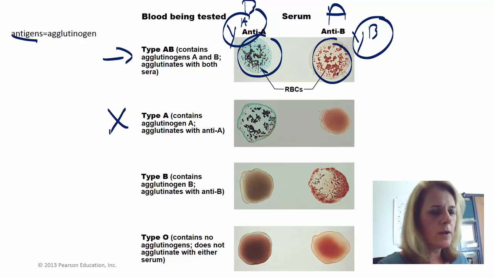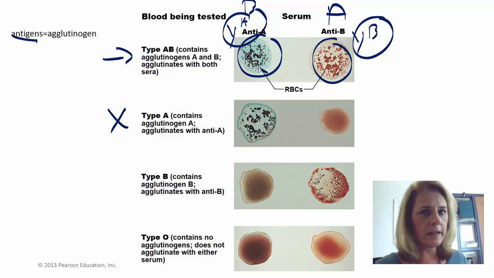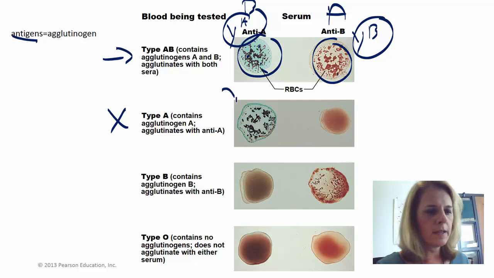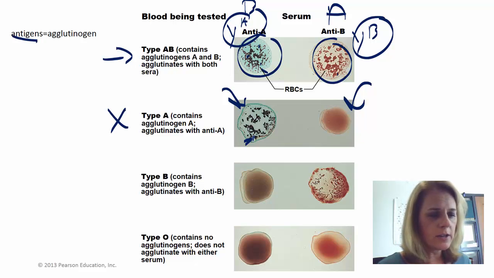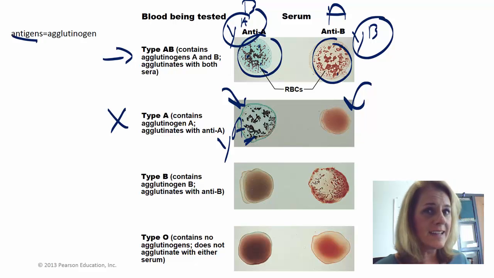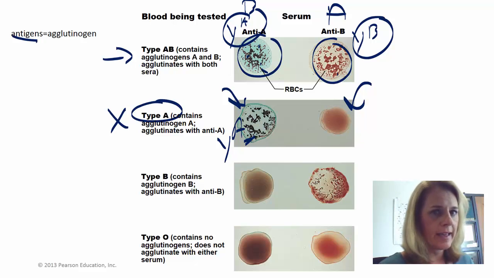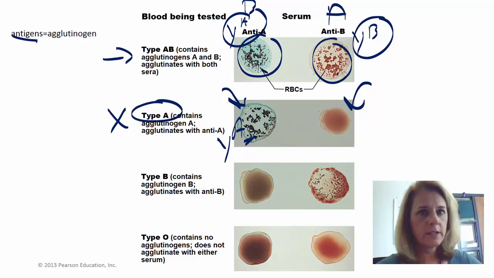So if I don't know what it is, so I just take a random drop of blood, I have no idea what it is, and I drop it into this well and this well, I'll look for the reaction. So in this case, I've got agglutination. That means that these anti-A antibodies recognized A antigens and caused clumping. That means it's A blood, okay? In this one, pretend I don't know what kind of blood it is.